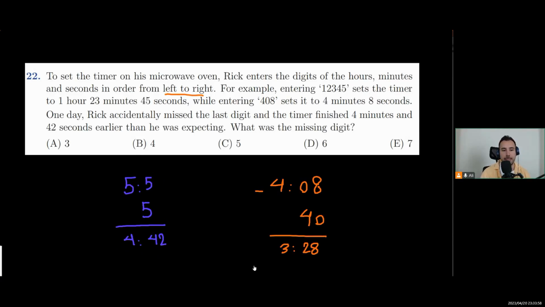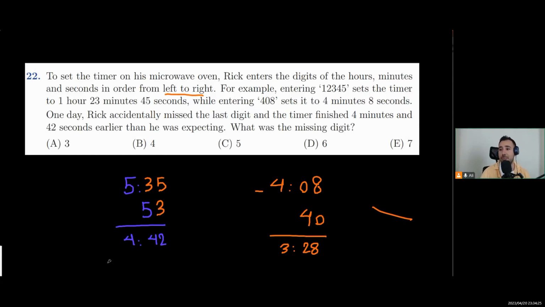So let's go with something else. We just have to play around and see what happens. I'm gonna go with something like 53. What if I write something like 35? It will be 53.